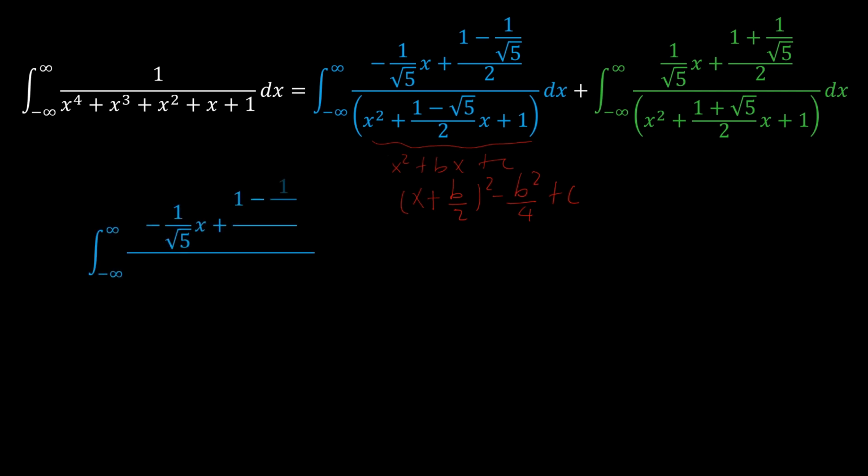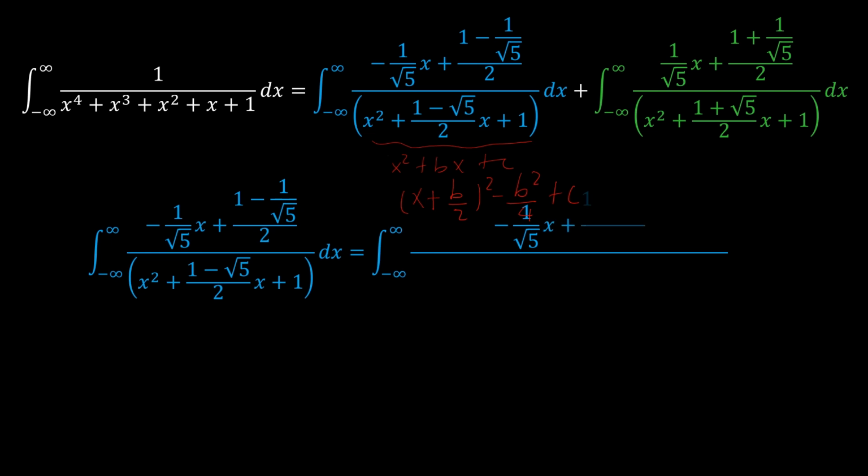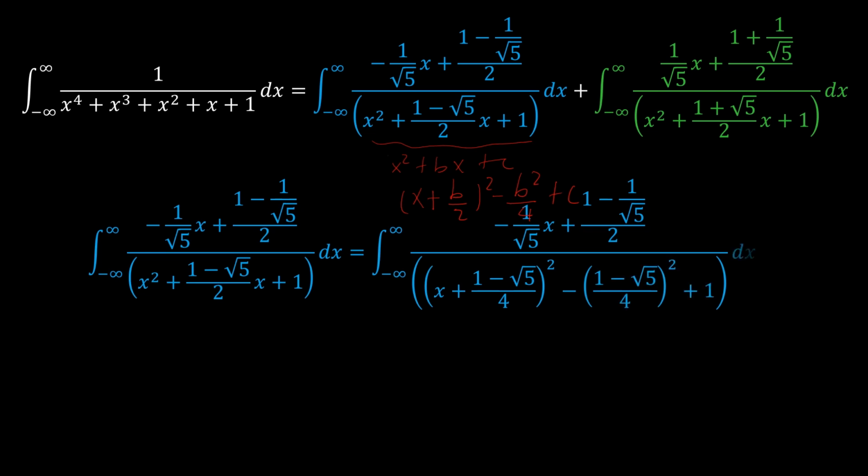Let's deal with the blue integral first here. As we can see, what we've done is focus on the denominator, keeping the numerator as it is, and so we have x plus 1 minus root 5 over 4 squared, minus 1 minus root 5 over 4 squared, then plus 1.